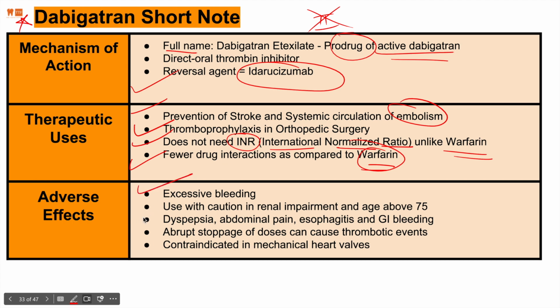Use with caution in renal impairment because it excretes through renal, and age above 75 because liver functions drop. Dyspepsia, abdominal pain, esophagitis, and GI bleed, as well as abrupt stoppage of doses can cause thrombotic events. This thrombosis takes place very fast afterwards. And it's contraindicated whenever there's a mechanical heart valve, prosthetic heart valve replacement, which is mechanical.